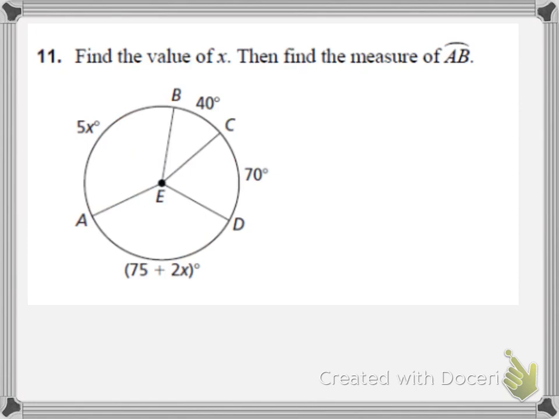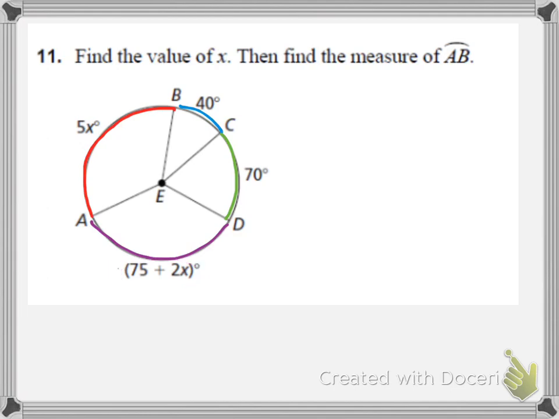All right, and then the last, to recap, 10.2, the last example, says find the value of x, and then find the measure of AB. So what I notice is that AB, its measure is 5x, and then we have BC, which measures as 40. We have CD, which measures 70. And then we have DA, which measures 75 plus 2x.